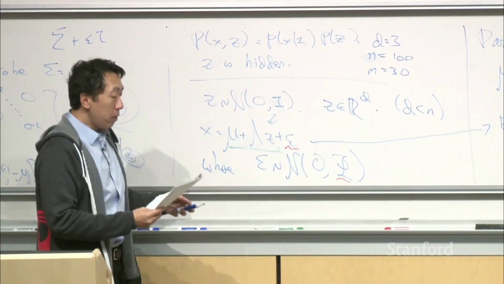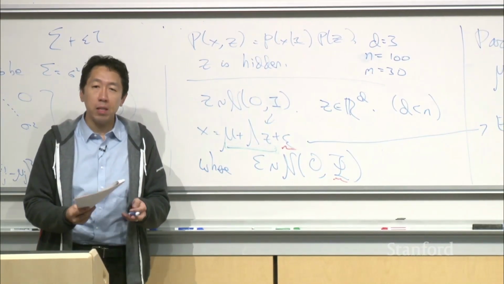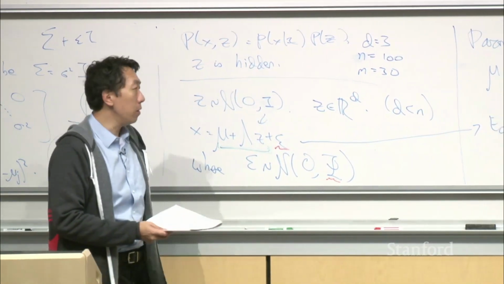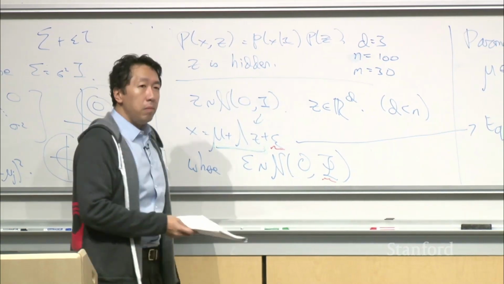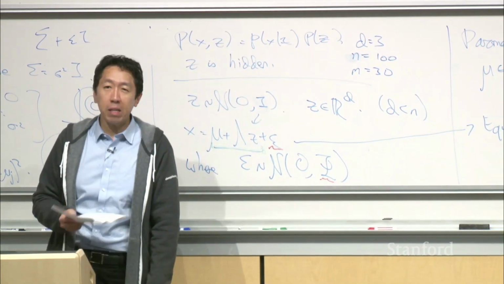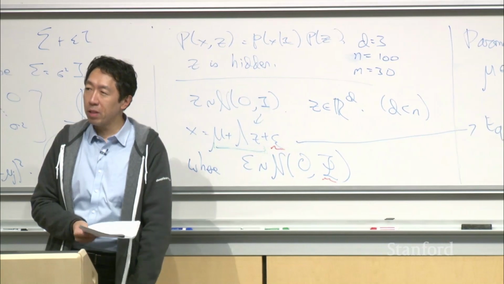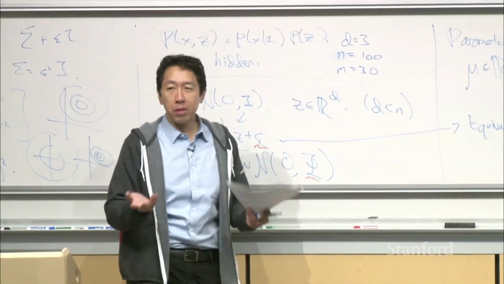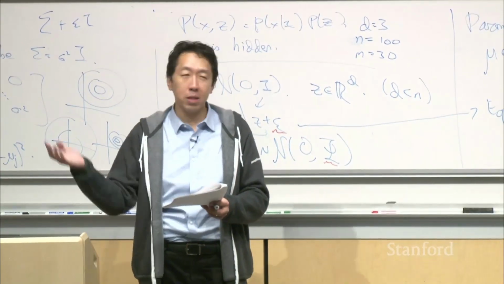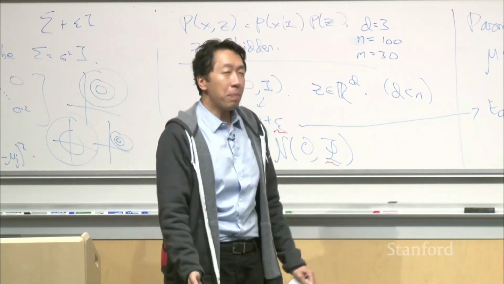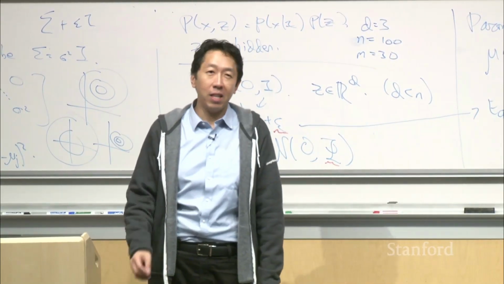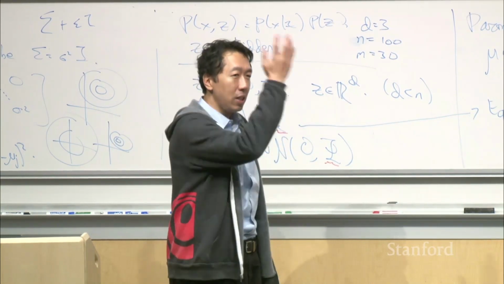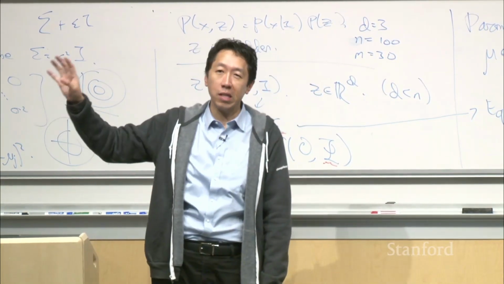Let me go through a few examples. I think the intuition behind this model is: if you think that there are 3 powerful forces driving temperatures across this room, maybe one is the temperature here in Palo Alto, at Stanford, another is how bright the lights are on the left side of the room and how much they heat up this side, and another is how much it heats up the right side.